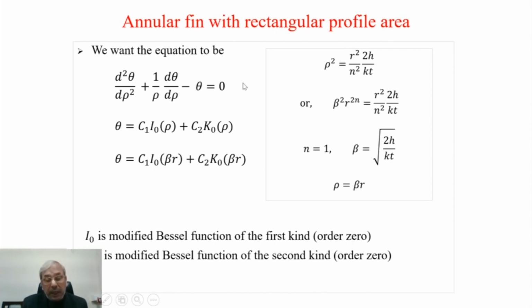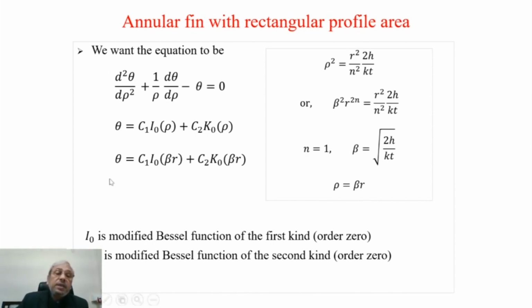Now, in our last lecture, we discussed in greater detail the Bessel's equation and modified Bessel's equation, and modified Bessel's equation of order 0. That means the solutions will be Bessel's function or modified Bessel's function of order 0, first kind, and modified Bessel's function of second kind, order 0.